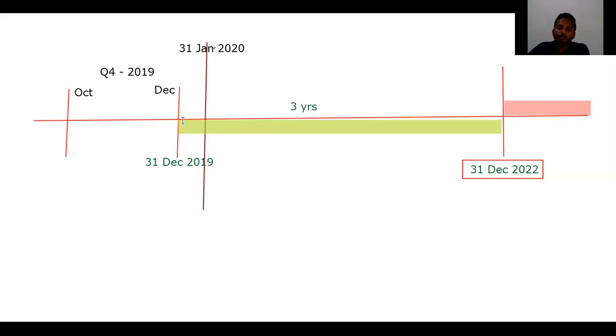From 31st December, 2020 December, 2021 December, 2022 December will complete the period. Until this time, department people can do audits. They have 3 years.